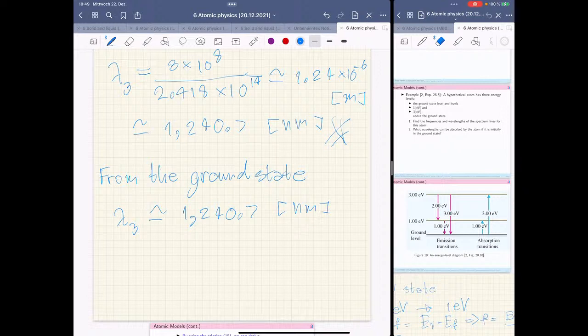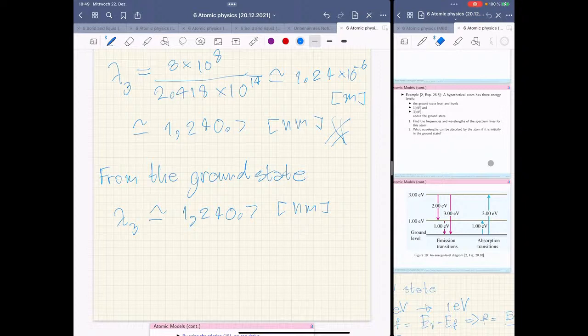All right, and the second wavelength will be this one, from the ground state to the 3 eV state.